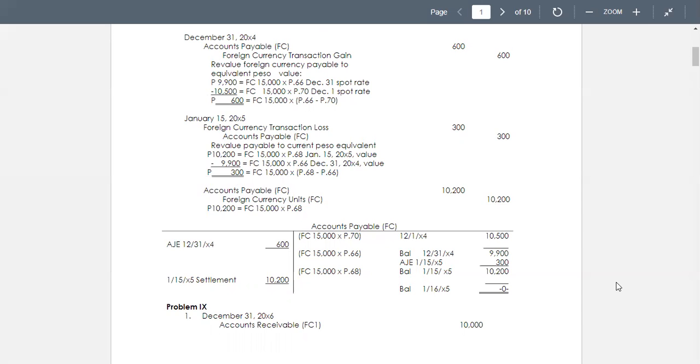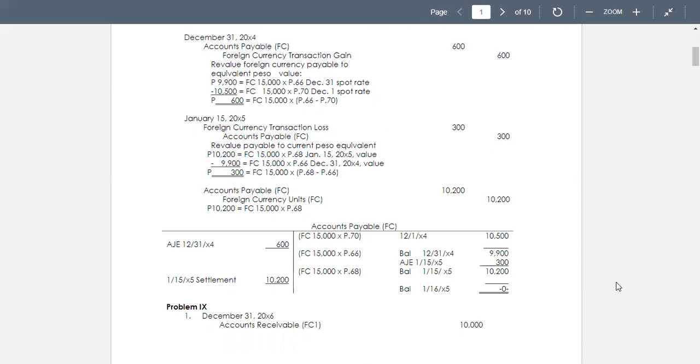We have the accounts receivable in pesos 164,000 and in FC1 475,000 for 73,600. Accounts payable in pesos 86,000 and in FC2 20,000.